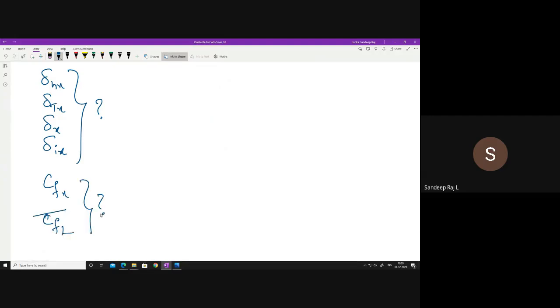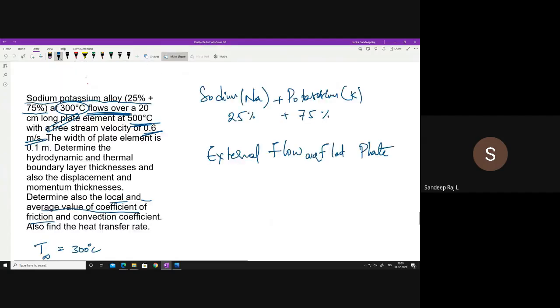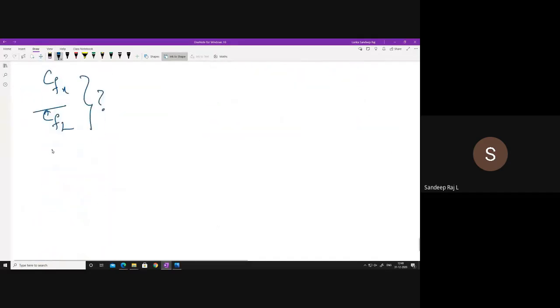He is also asking for the convection coefficient, the H value, and the heat transfer rate, the Q value. More or less, this is the same kind of question that we have solved till now. But the only difference in this one is that the material has changed significantly. So we have to cross refer to the material values very carefully.